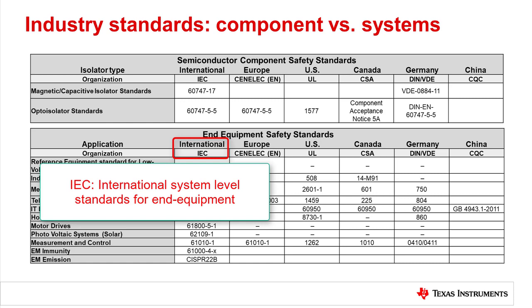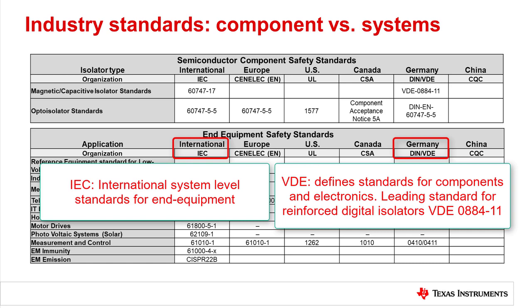For example, VDE is a German-based association that defines electrical, electronic, and information technologies and standards. The primary standards for reinforced isolation ratings in digital isolator components is defined by VDE and adopted by the IEC as a global standard.